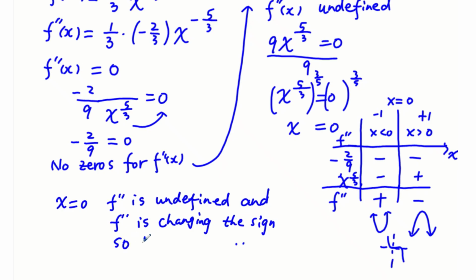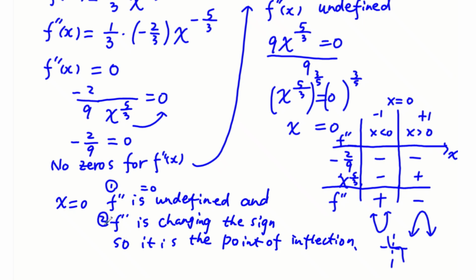So it is the point of inflection. For a point of inflection, there are two conditions. One is f double prime either 0 or undefined, and the second one, f double prime needs to change sign.